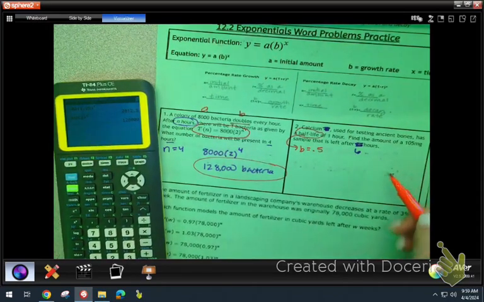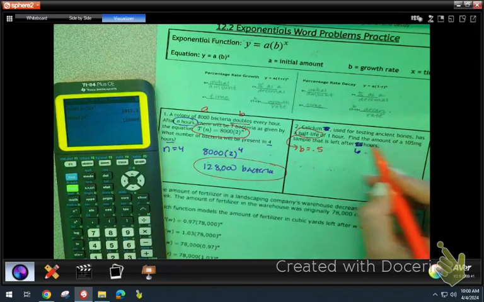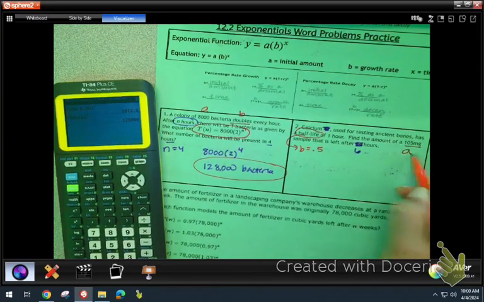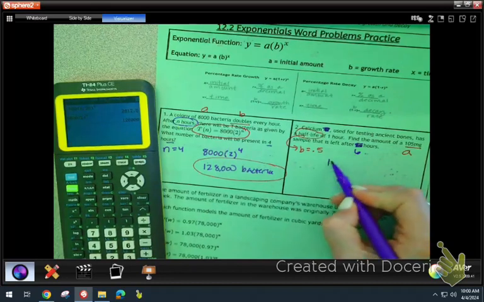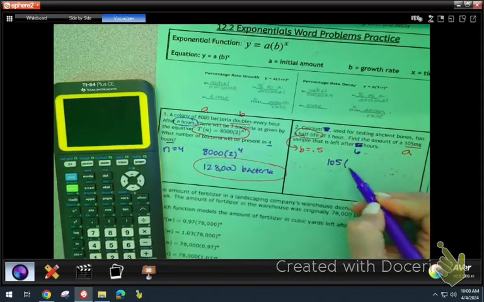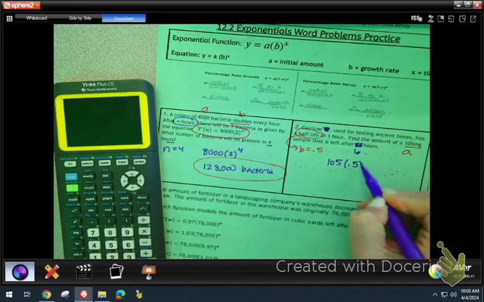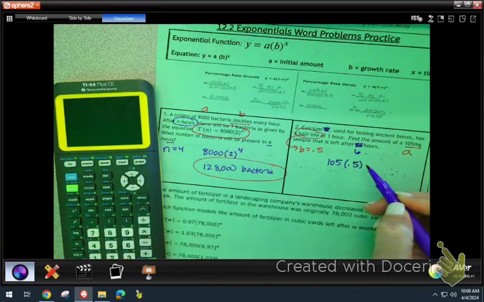How much do we start with? 47 is not a number that we're going to use. 105. Find the amount. This is our A value. And then we want to know after 6 hours. So what are we going to put in our calculator? 105, 0.5, because we're cutting in half.